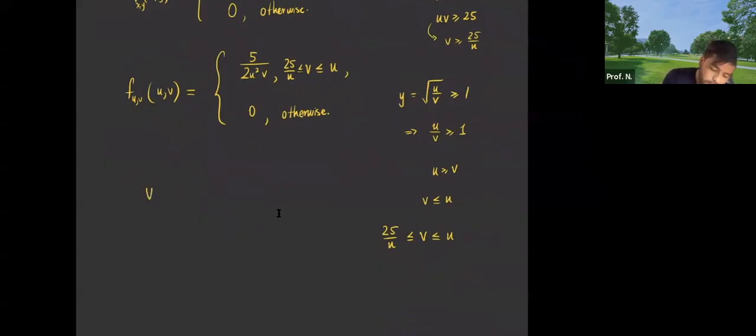So if you look at v less than or equal to u and v greater than or equal to 25 over u, when are they equal?